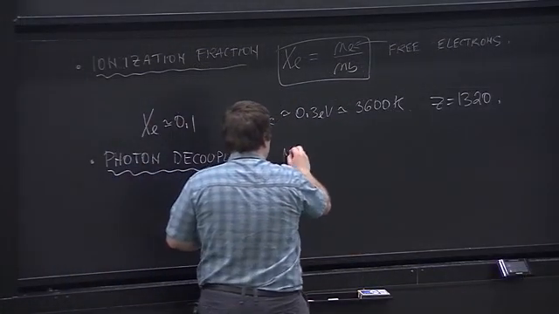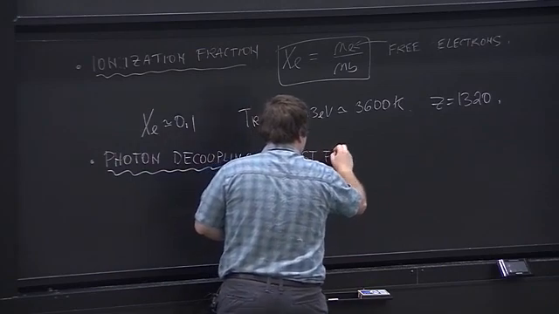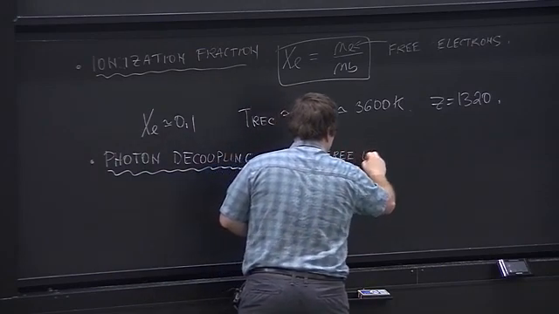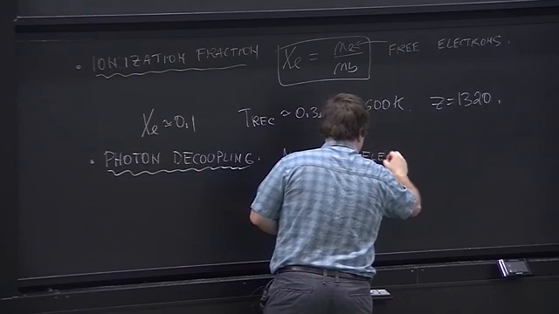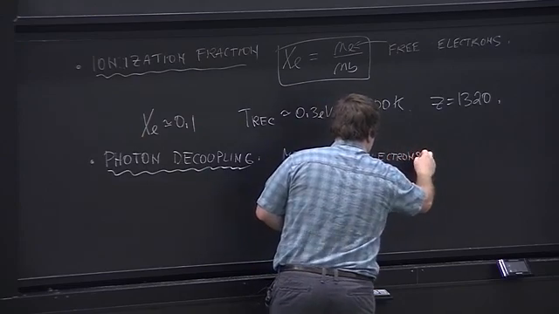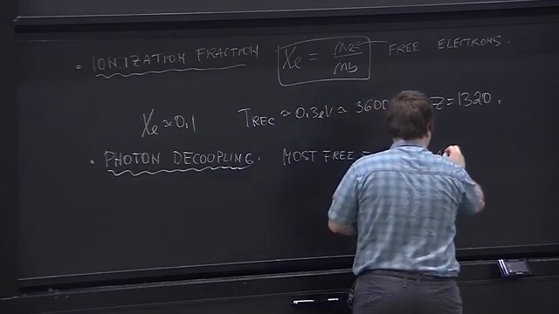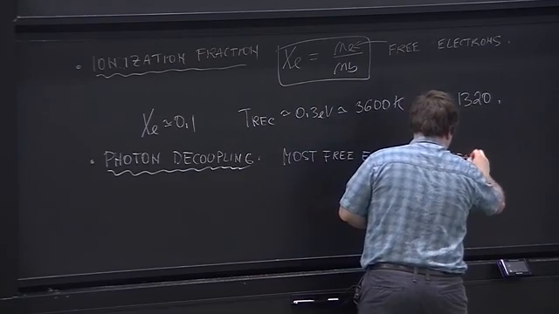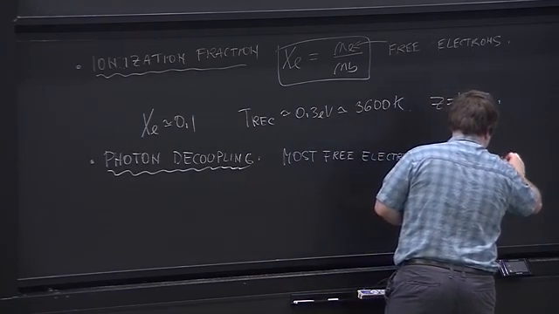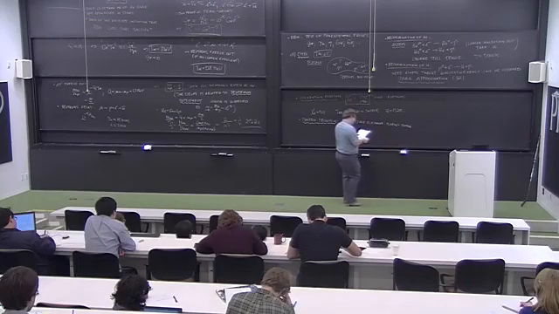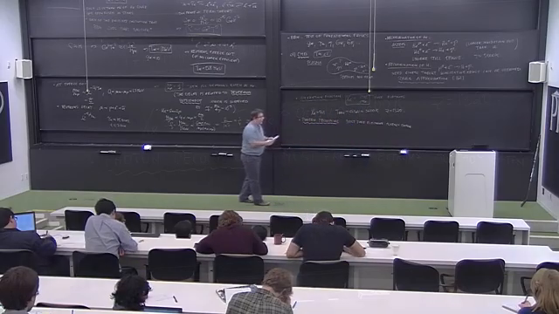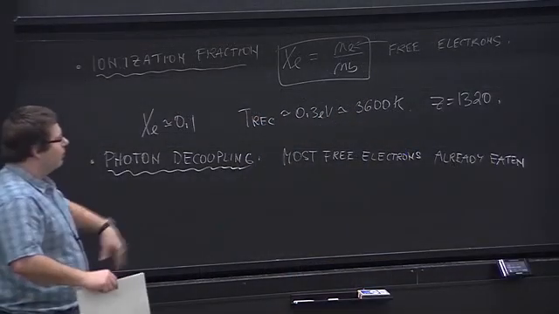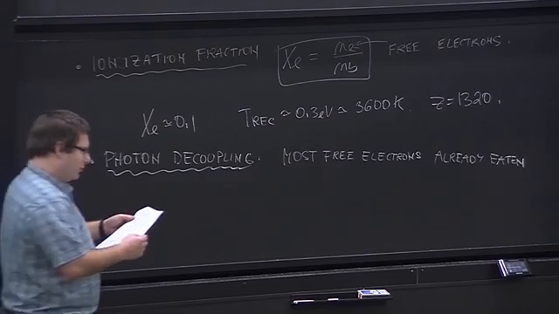So at this point, most free electrons are already eaten. But the remaining free electrons actually bump into photons like crazy.